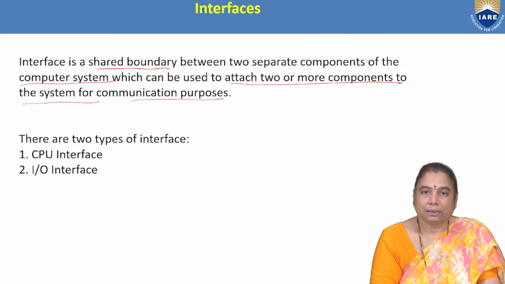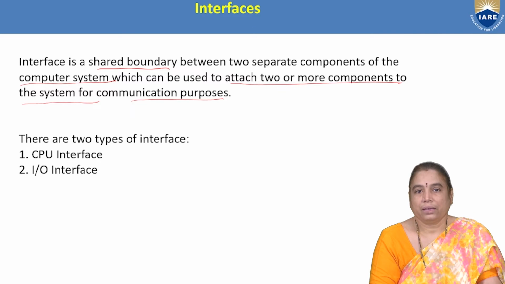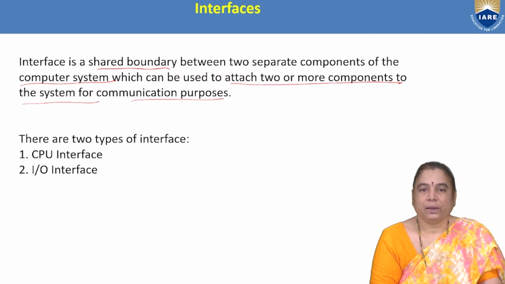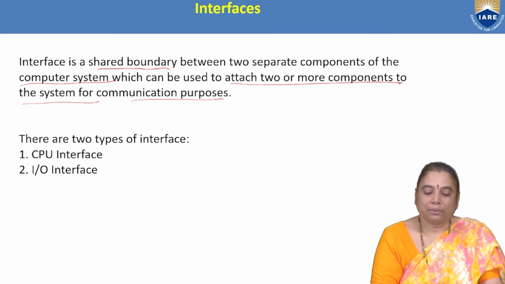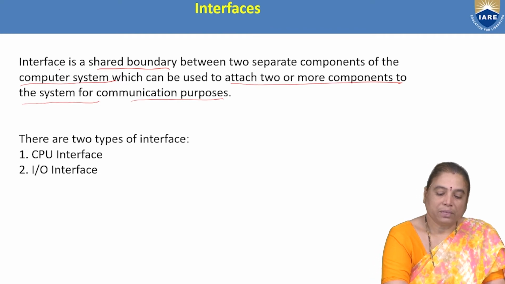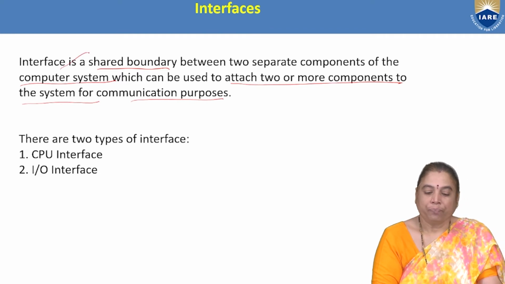These devices can be connected and have a clear boundary with the central part of the computer, and this boundary facilitates the sharing of data or information between these two or more separate components. That's why the term is called the interface.